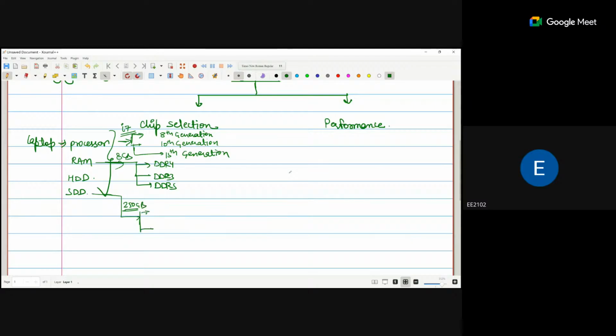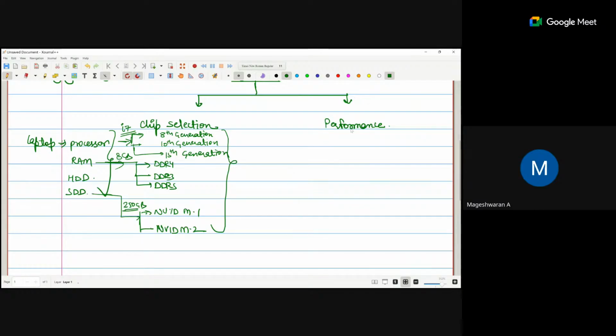Then SSD, NVMe, M.1, okay, NVMe M.2, like this one. Okay, so I think you are all aware about this. Yes or no?